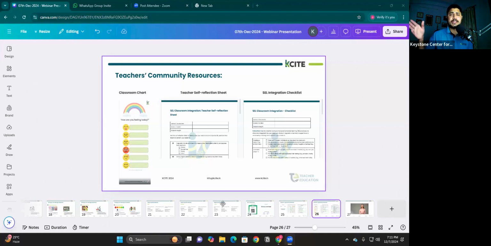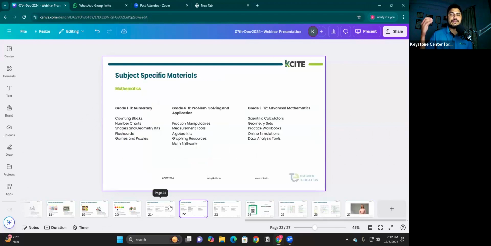And whatever subjects you are teaching, English, math, science, subject specific, these are the materials, like I mentioned. You can carry a few anytime. Like I said, do not plan to carry everything to the class in one go. Carry a few things, then gradually increase. That's how you contribute to your environment, and also to the learning environment.